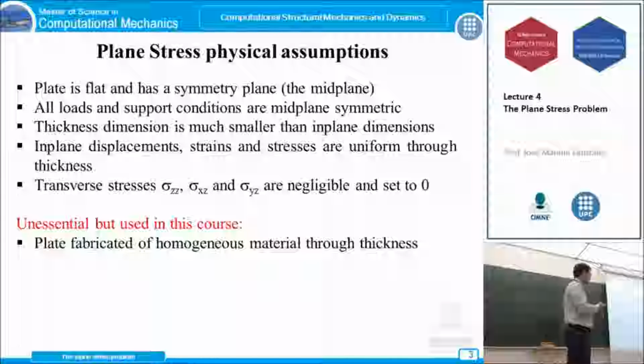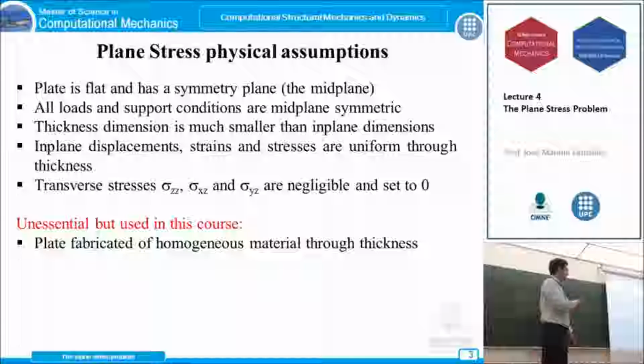We consider that these magnitudes are uniform through the thickness. If the loads are applied in the mid-plane and everything is symmetric with respect to this mid-plane, we consider that these transverse stresses are 0 or negligible. So in fact we set these stresses to 0. Any of these three components of this stress tensor is set to 0. So we are worried only about the magnitudes that work in the xy plane.